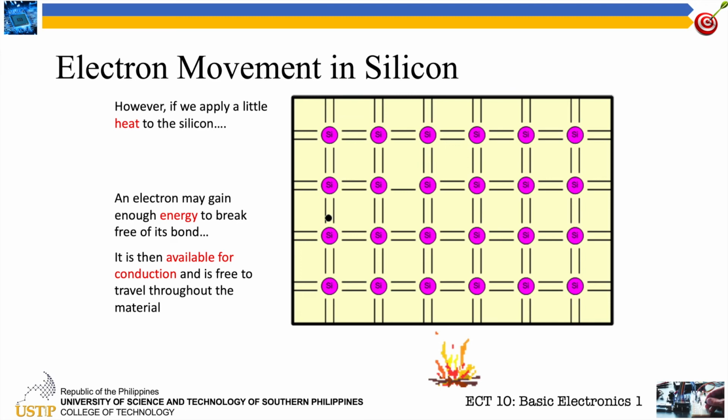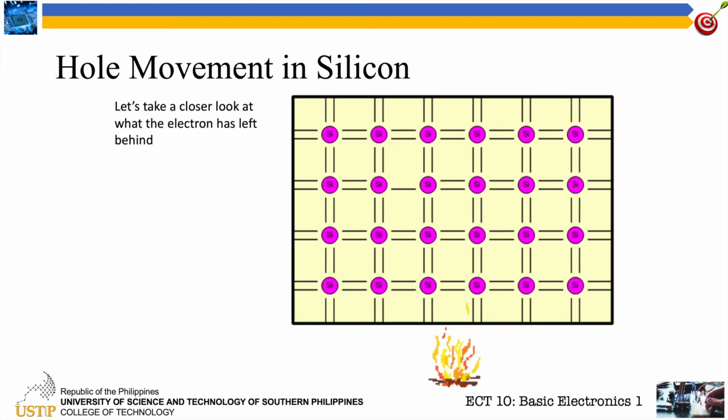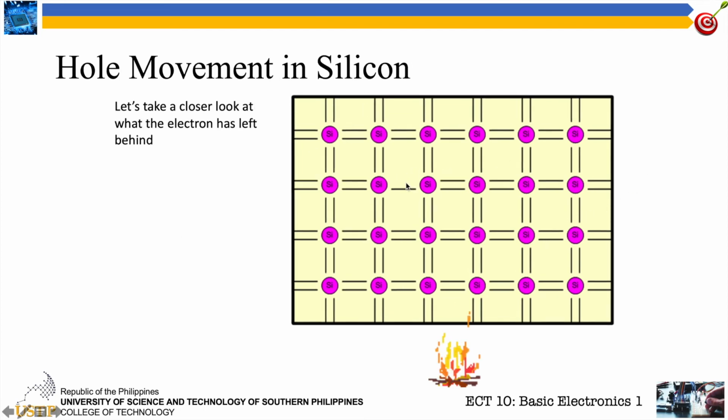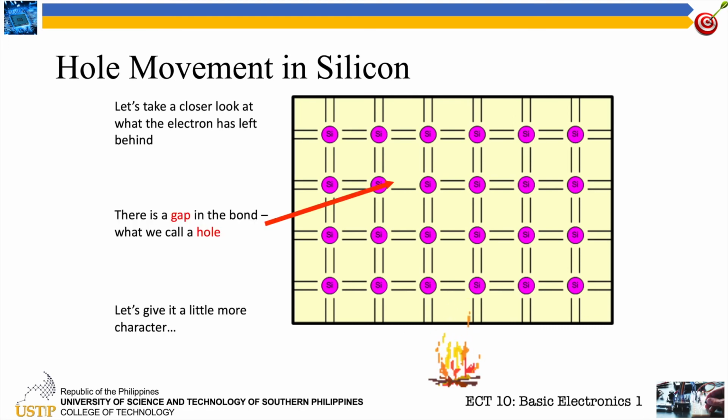Very, very free. It has no direction yet because we are still allowing one electron to be freed for conduction. So if one electron leaves a bond, it will create a hole.